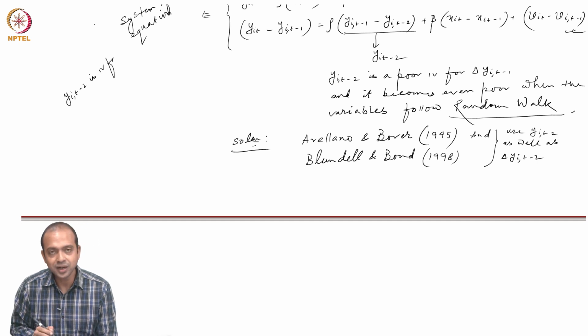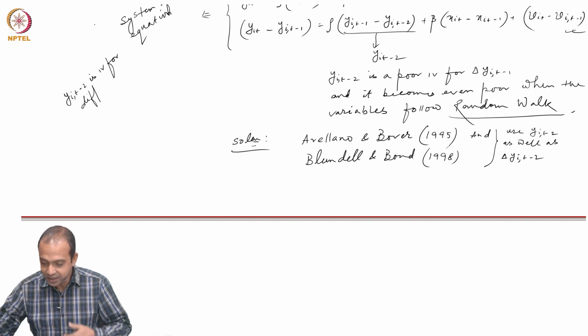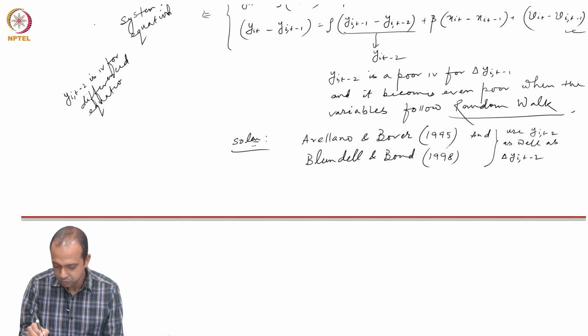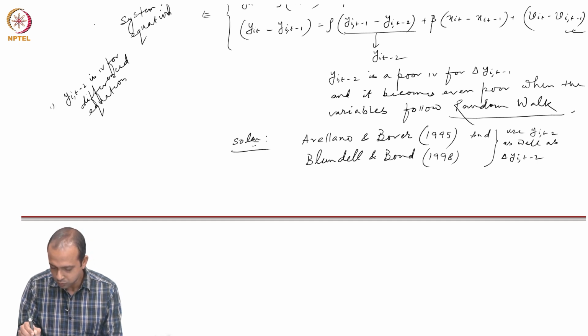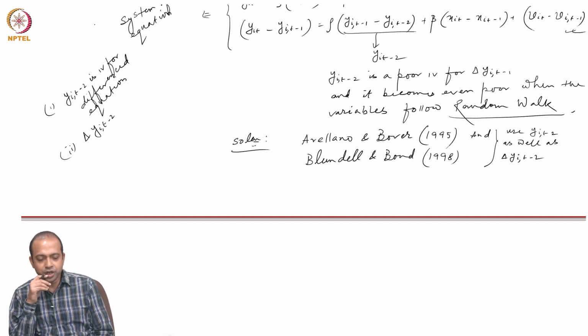So, both level and first difference are used, and when that is the case, then the model is known as system GMM. We are using both level and first difference equations and we estimate the model.